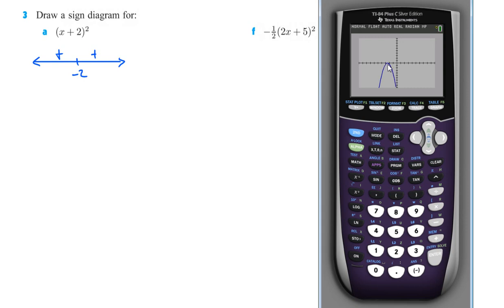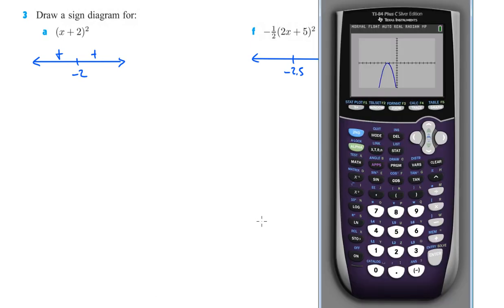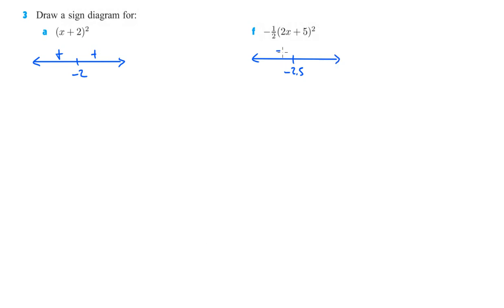It looks like it's hitting right there at about -2.5, and I don't see anything else happening down there. That's all it's hitting right there. If we're going to draw our sign diagram for that, -2.5 looks like where it hits. So we just make our line, -2.5, and it's negative to the left of it and negative to the right of it, so the sign diagram would look like that.